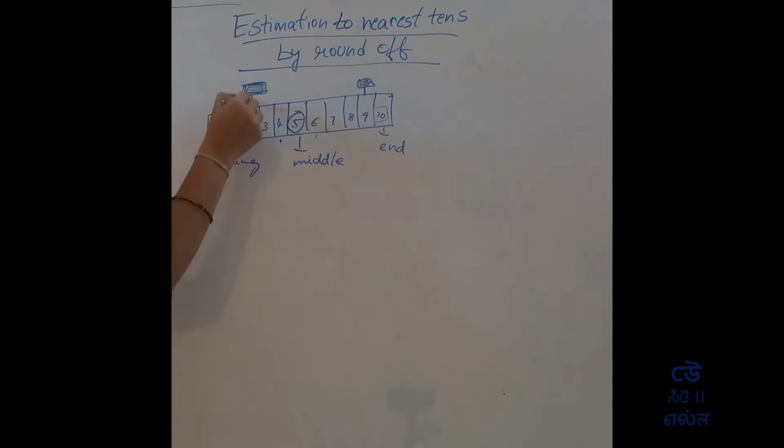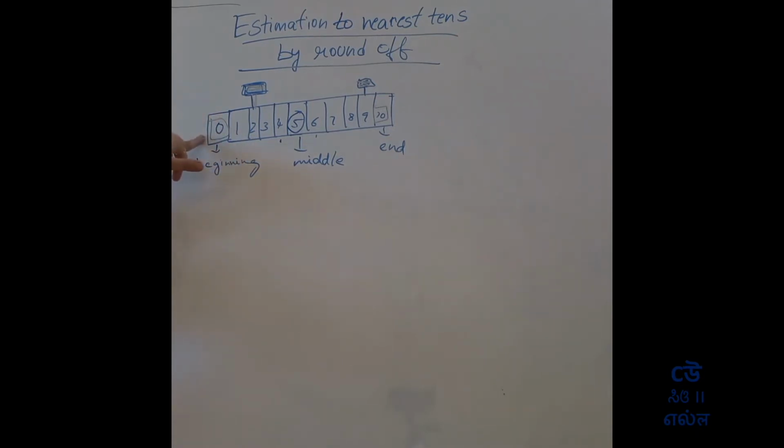This flag, which place is it in? 2's place. So is 2 nearer to the beginning number or to the end number? You have to consider only beginning and end. Okay. So 2 is nearer to which number?